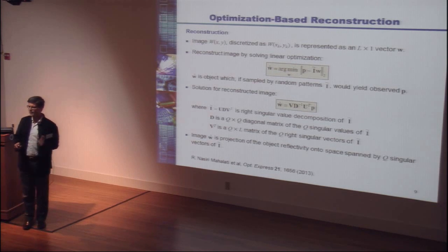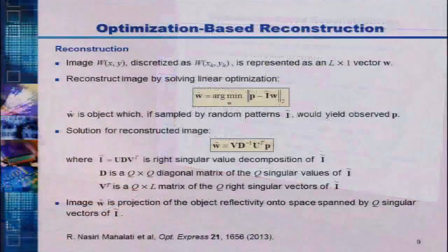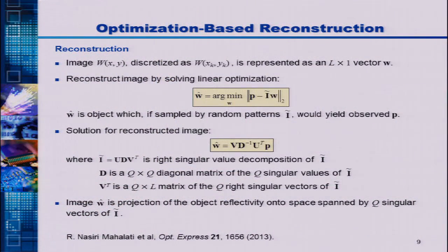Basically what this says is you look at all the possible images W, and you pick the image, which is W hat, the best image, such that you minimize the L2 norm of this quantity.